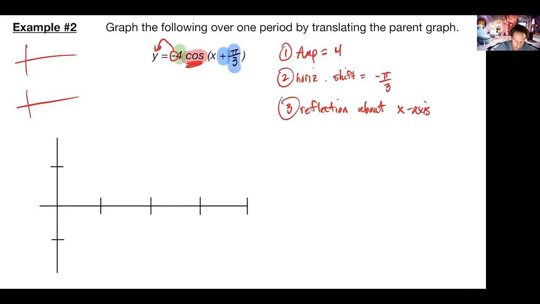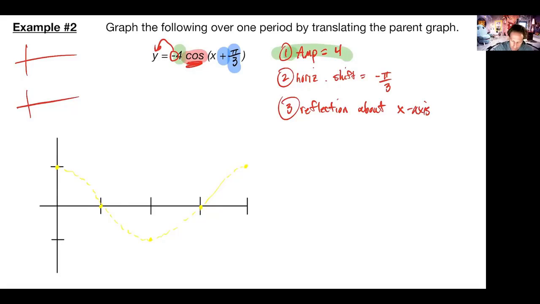So I'll do a light yellow, start with the 1, 0, -1, 0, 1, and this right here would be my original cosine graph. And we know that we're going to do a few things. The first thing, we're going to take care of our amplitude, which would stretch all of those values to 4.